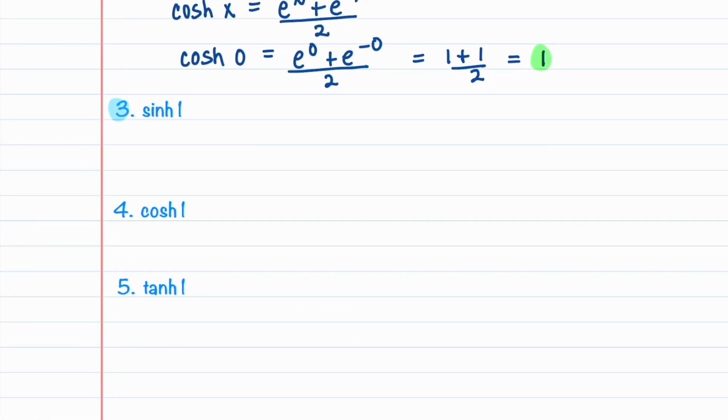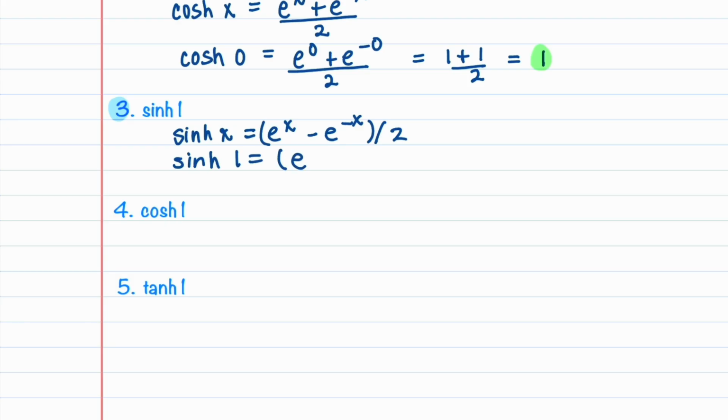In our third example, we are going to evaluate sinh of 1. Sinh of x is e to the x minus e to the minus x, over 2. I'm going to save space here and write it like that. Now we're going to substitute in that x is equal to 1.